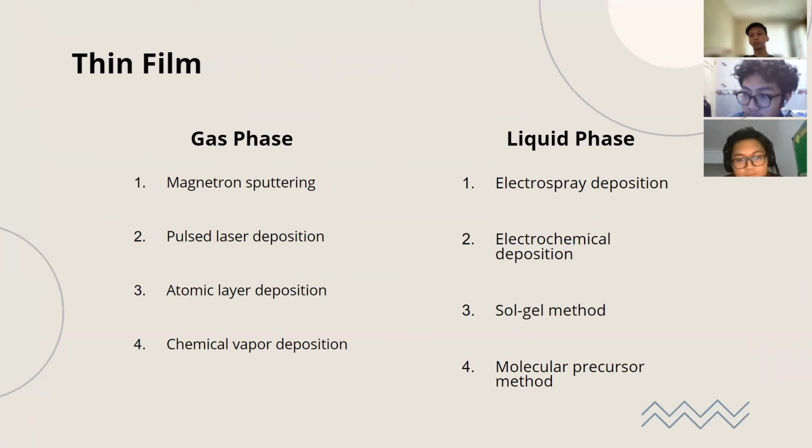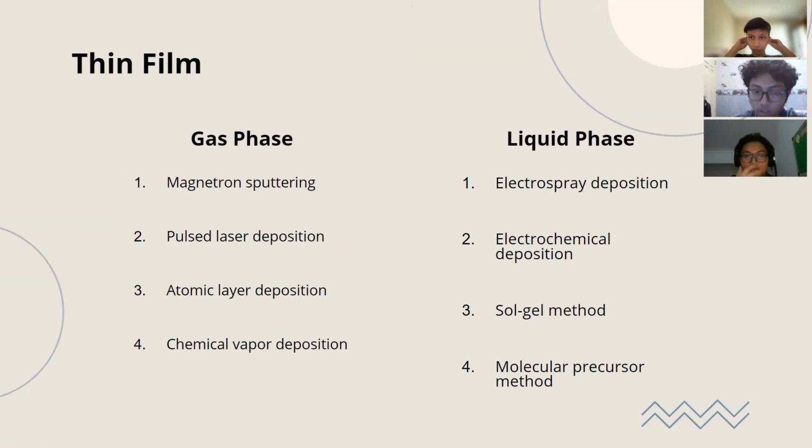Then I'm going to present the thin film process. Thin film varies. It is generally grouped into two. The first one is the gas phase, and the second is the liquid phase. There are many different methods used in the gas phase and even in the liquid phase.